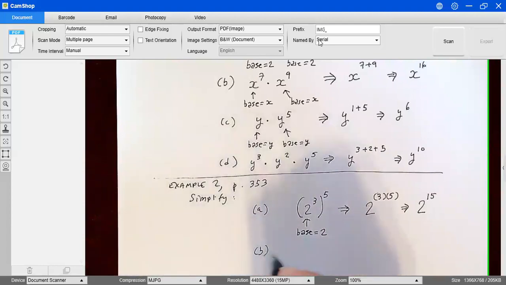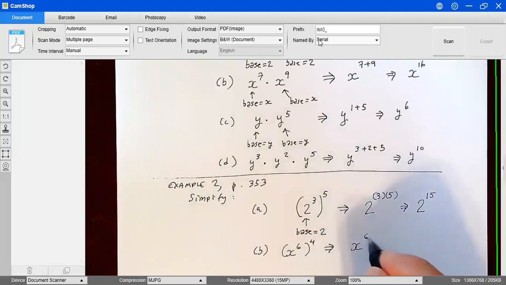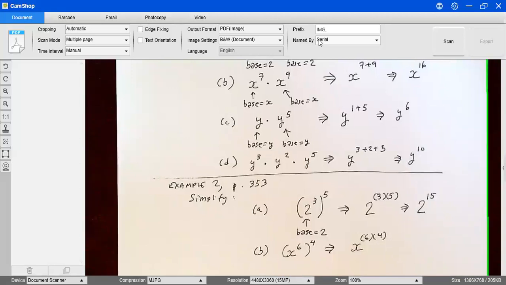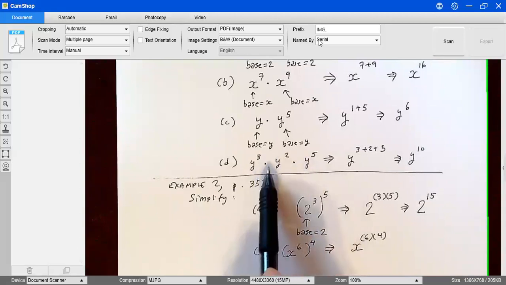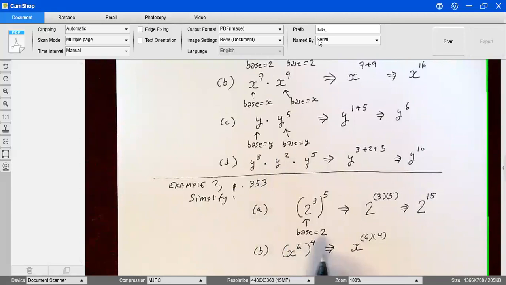Now I have x to the 6th raised to the 4. So this is a power of a power. The base is x, and the exponents are 6 and 4. So we're going to multiply the exponents because this is a power of a power. So you need to learn to distinguish the different cases when you have a product of powers or when you have the power of a power.